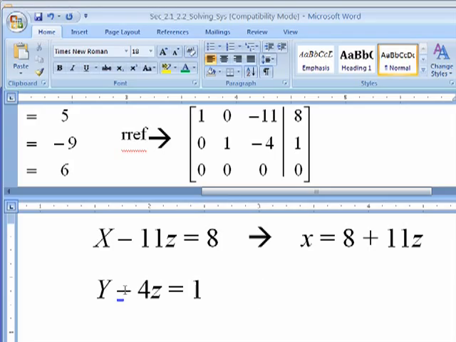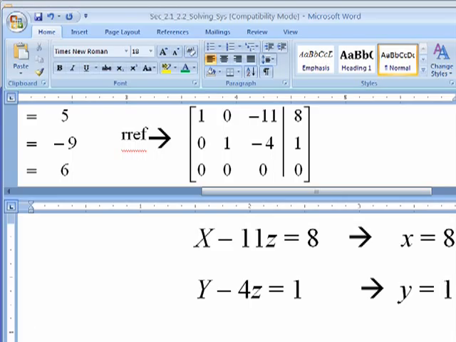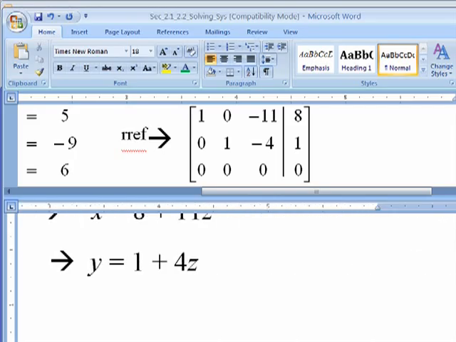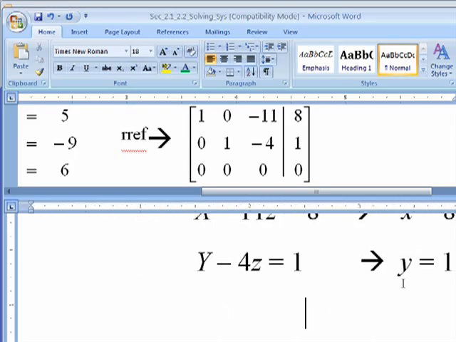So I would add 4z to both sides. So I'd get y equals 1 plus 4z. And then here, we don't have anything restricting what z can be. So here, z can be any real number.